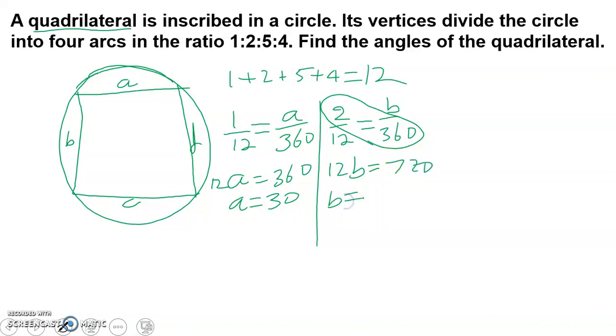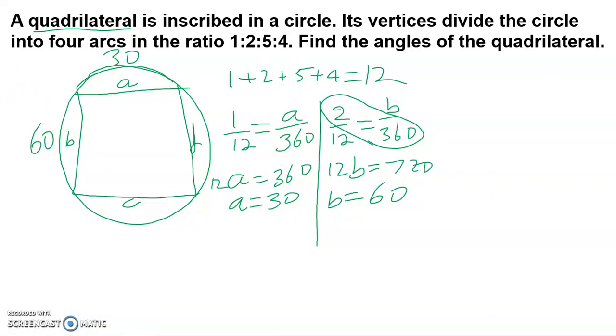So B is 720 divided by 12, that is 60. And that makes sense, since A is 30 and B is twice that. Since A is the smallest one, B is going to be 60.